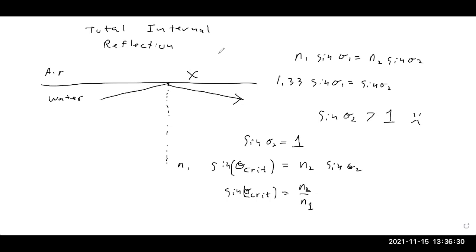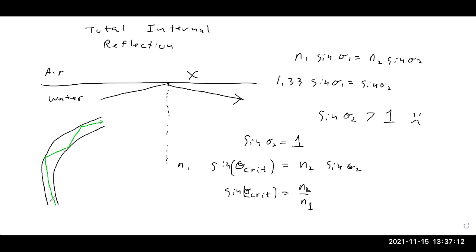Also, if you have an optical fiber, which is just a tiny little fiber that light can carry through, we've got our fiber. And light is traveling inside this fiber. If it hits the edge of it, it can't leave unless it hits close to normal.